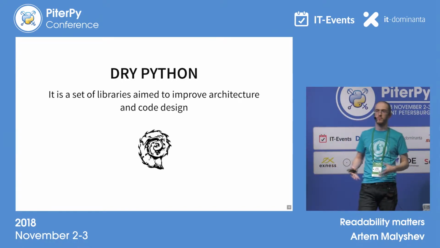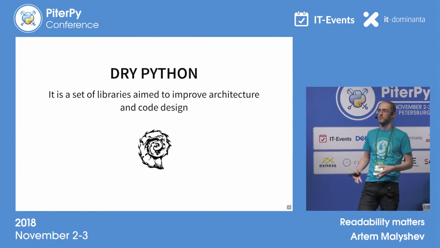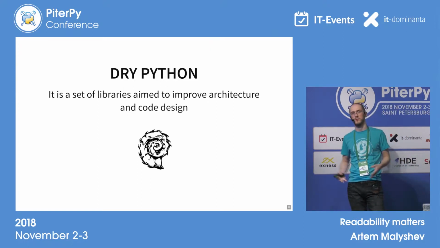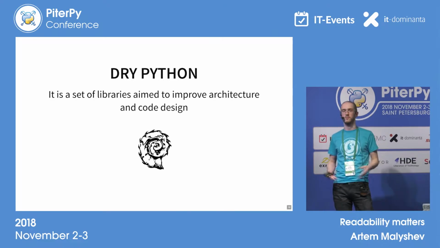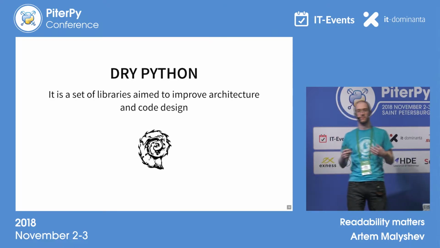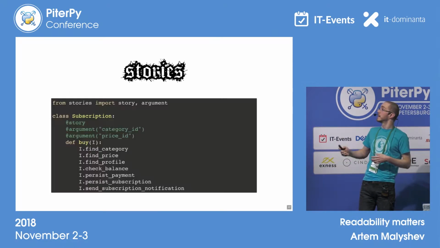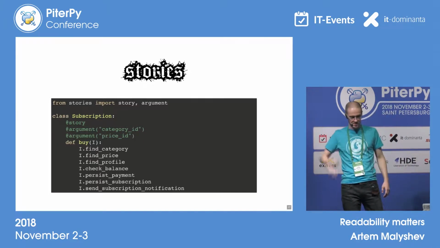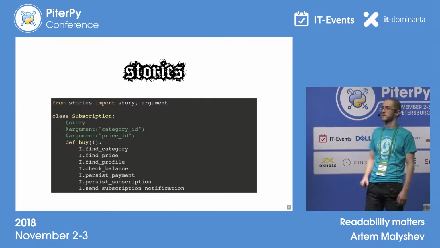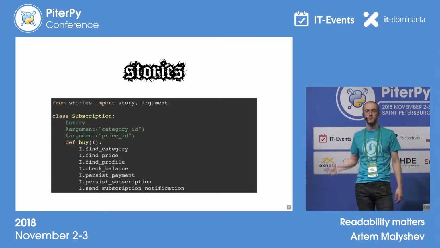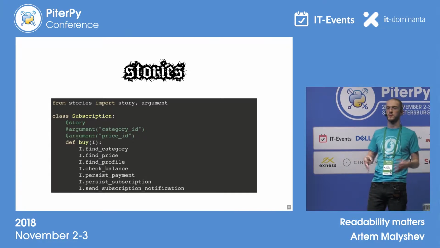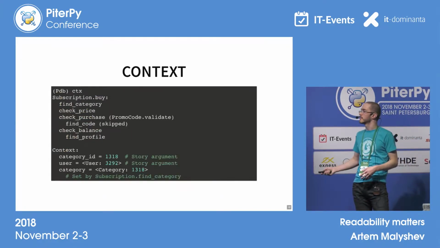But I suppose that it's not enough, and I started subdividing the set of libraries in order to understand the architecture, and I suppose that it will allow me to develop something that will not make my eyes bleed. So I would like to read some DSL as an English text and understand what it's going to be about.